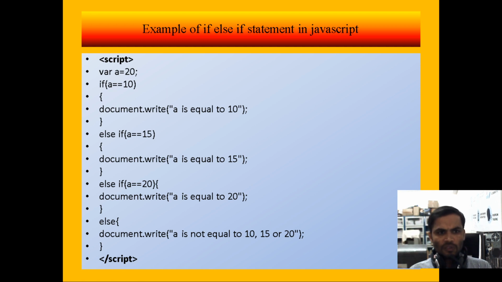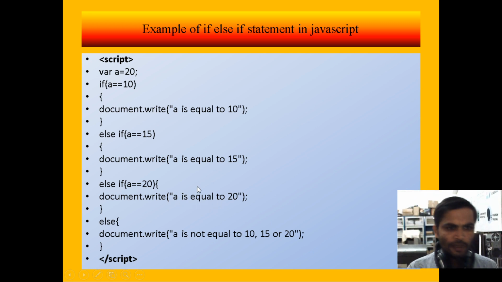It will not execute this if, then it will go to else if. Again 20 equals 15. This condition is false. Then again it will go to the next else if.